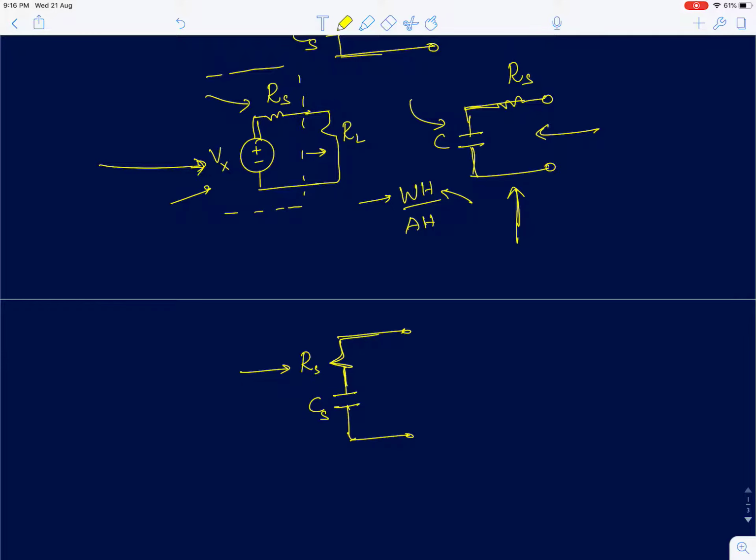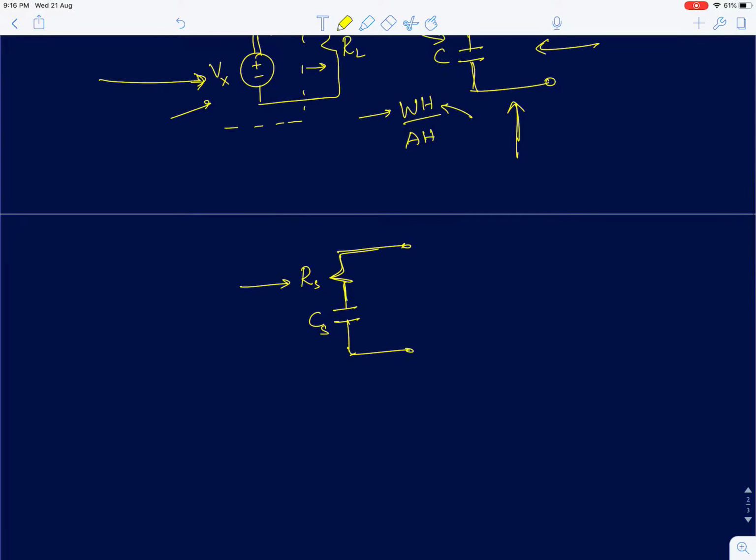That's something we are more interested in knowing. Now, in a similar way to what we described in the previous lecture, I am going to define a parameter called Q. When two elements are in series, the element with a higher impedance should always dominate. Here the capacitive impedance is 1 by omega Cs, and we want 1 by omega Cs to be as high as possible.